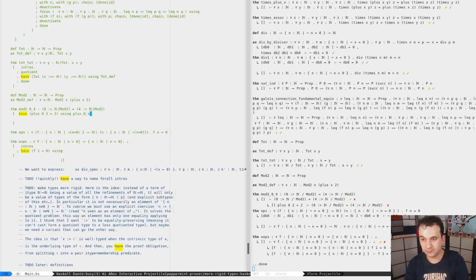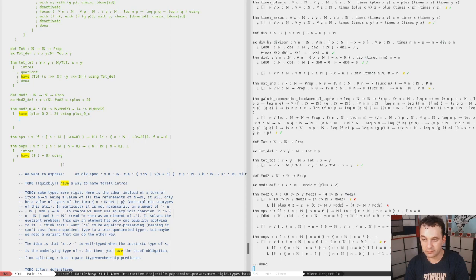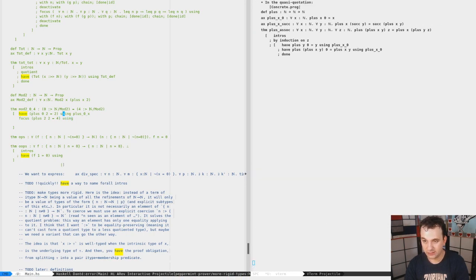I want to do focus on plus 2 2 equals 4. For now using nothing. I need a semicolon.